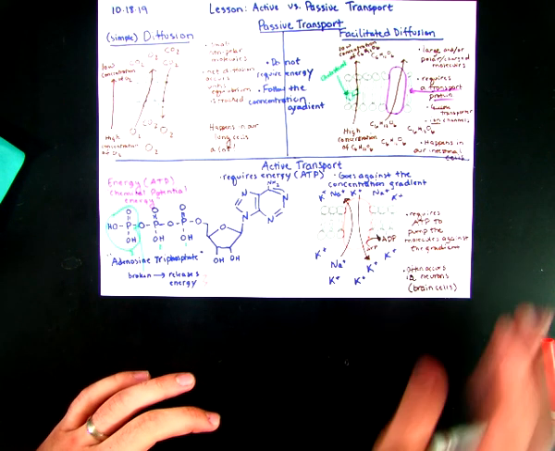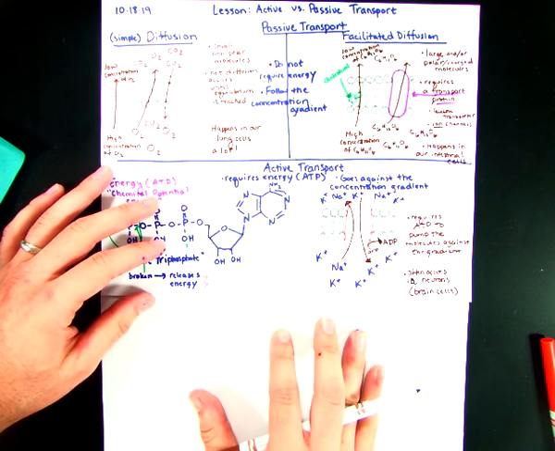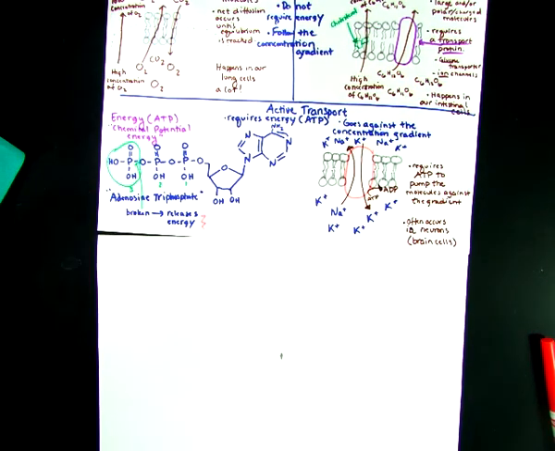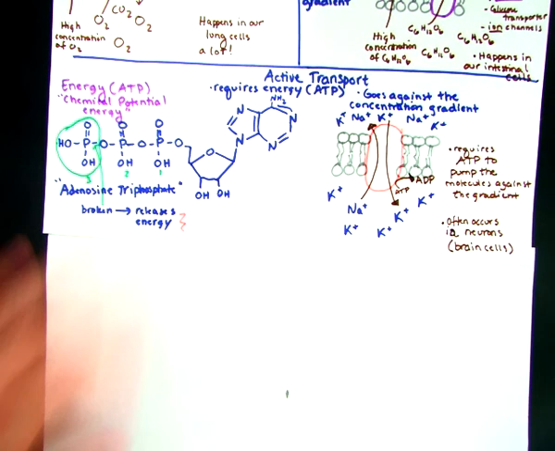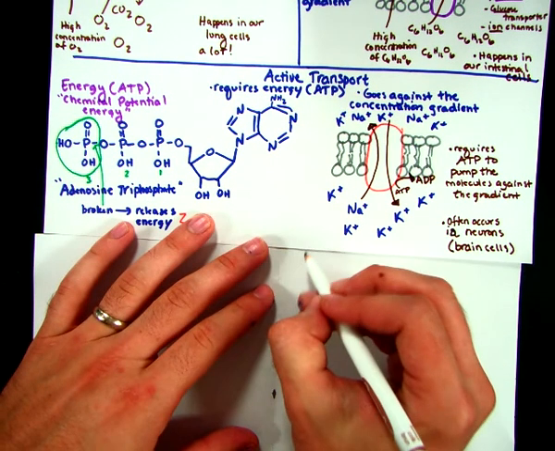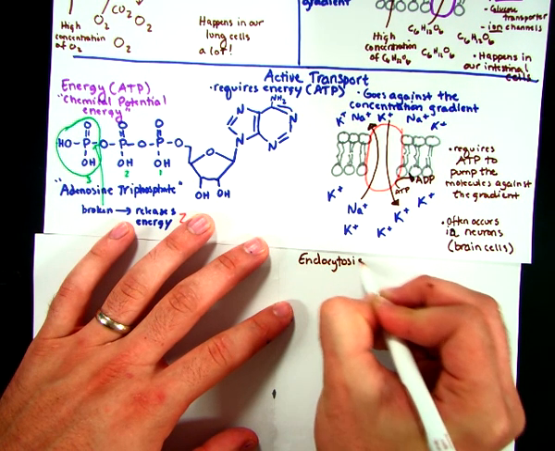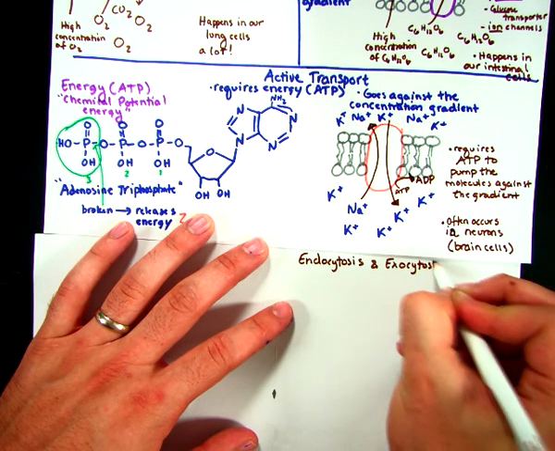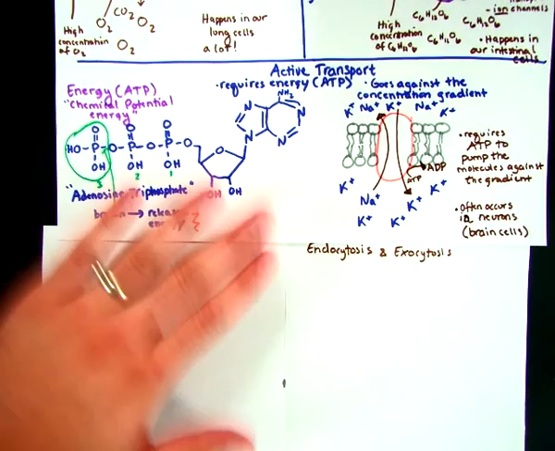So the last thing I do want to talk about, this is technically active transport. I'll spend a short moment talking about it. You have something called endocytosis, and exocytosis. If you need to turn over to the next page, you can. Just a quick note about these two.